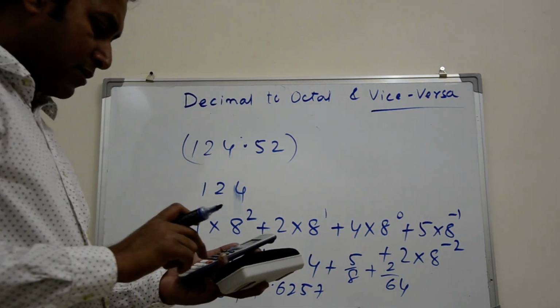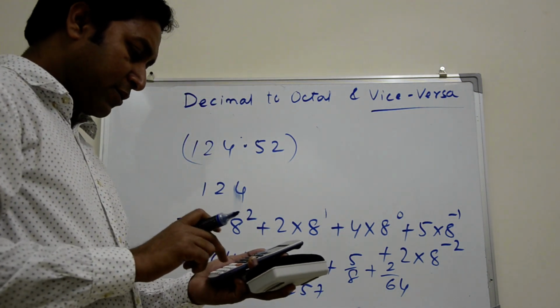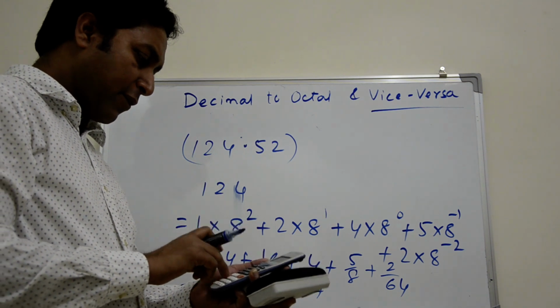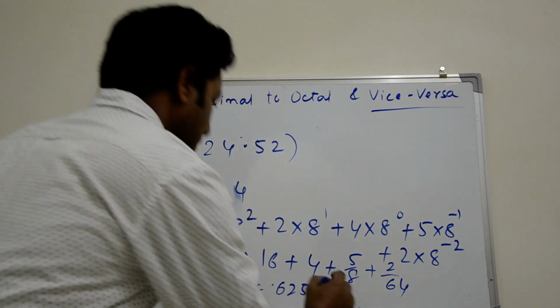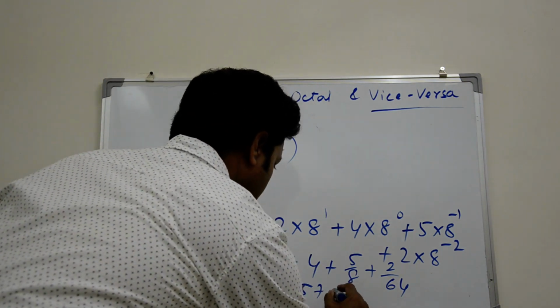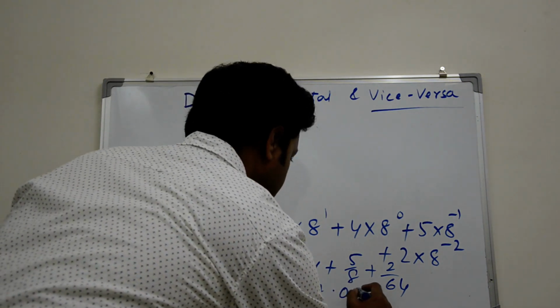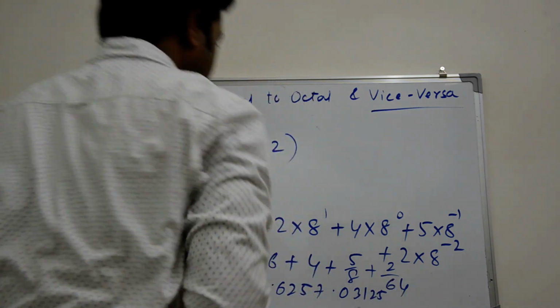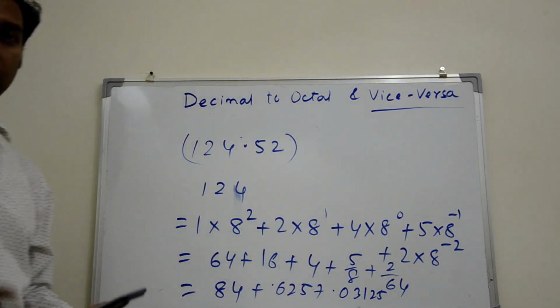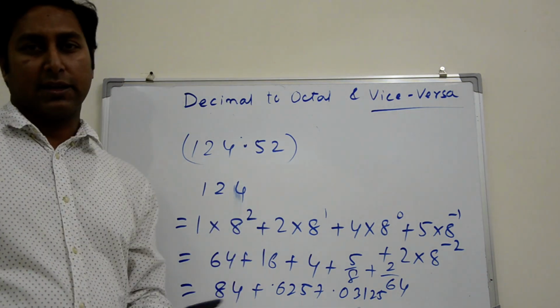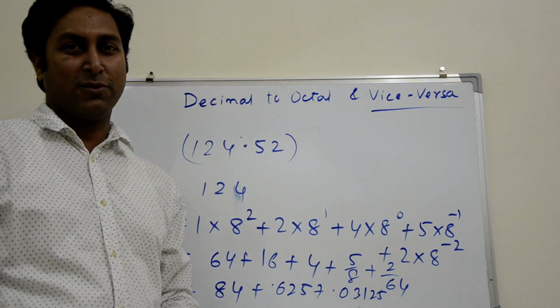Then 2 divided by 64, we got 0.03125. Now what you have to do is add all those numbers. Once you add them, we'll get the answer. Thank you very much. Hope all of you understood.